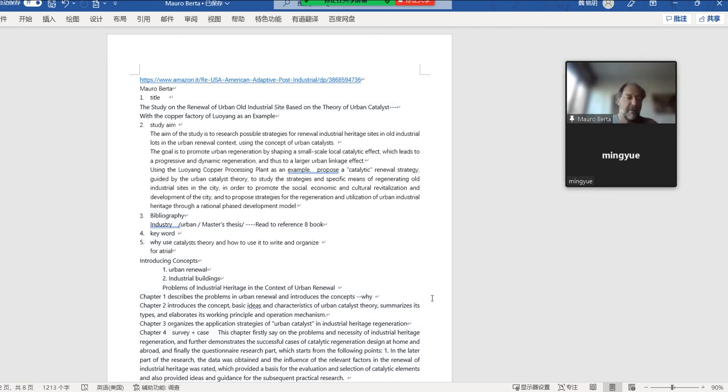Adaptive reuse means simply that you take a building that in its first life was supposed to serve a specific function, like for instance production or commerce, and you reuse the building, changing the function. So you take an original industrial building, and the building becomes a commercial building or a service building or a residence or something else. So adaptive reuse means simply that you change the original function of the building in the renovation.